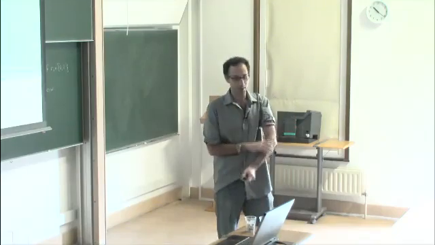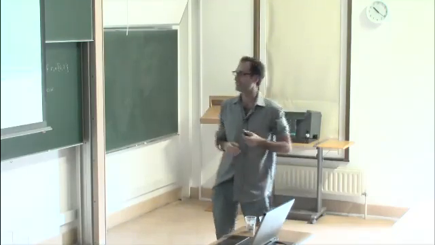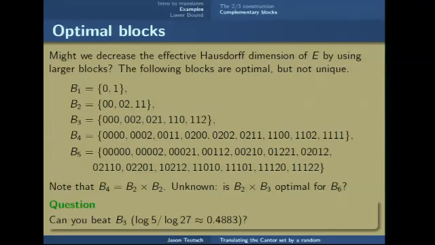I think that finding an optimal block for B6 is probably outside the realm of feasible computation based on what computers we have available today. But it might be just that, as was the case for B4, you take the cross product of B2 and B3, and that gives you an optimal block for length 6.